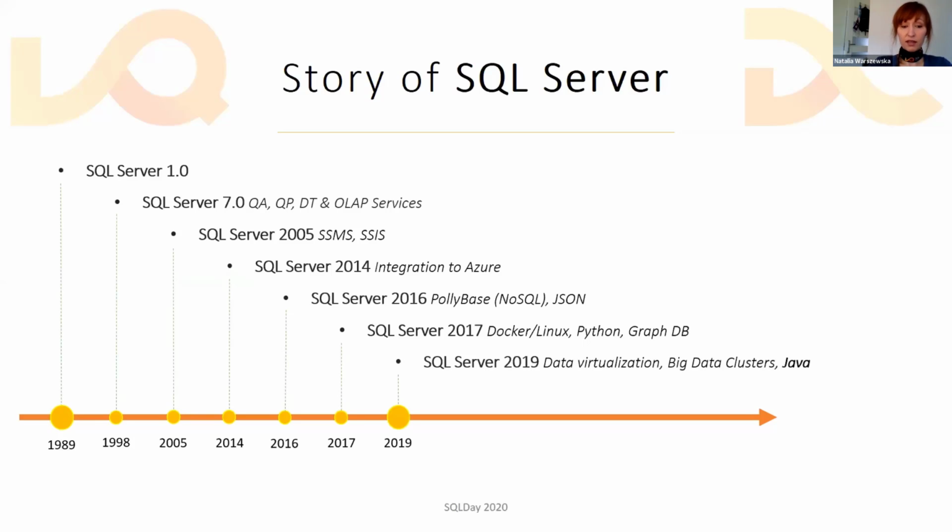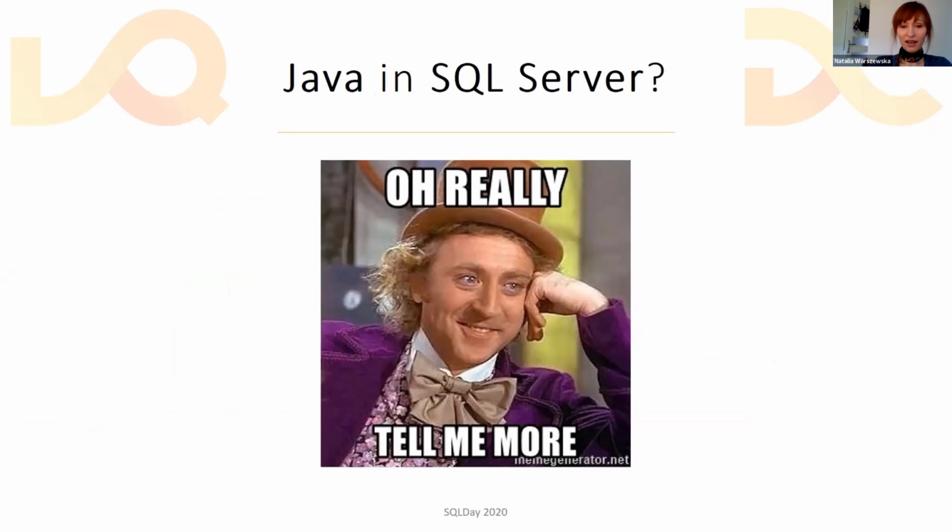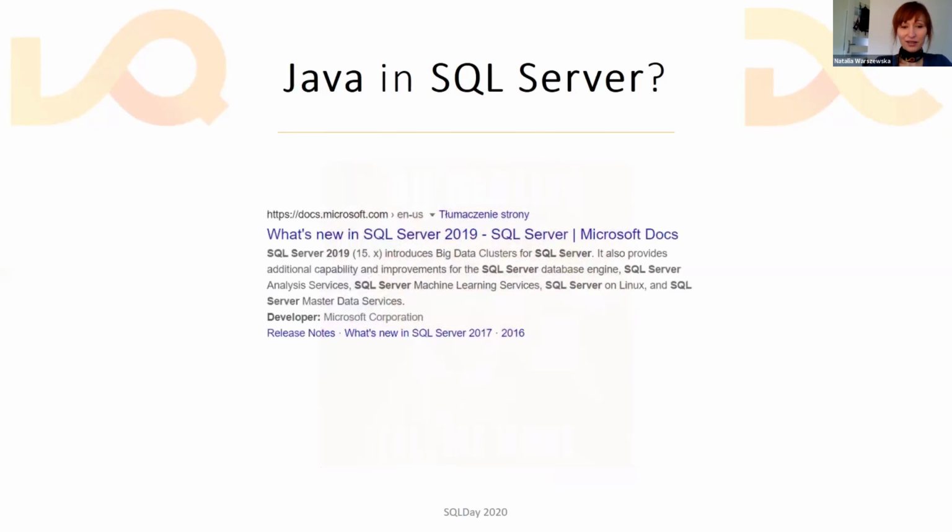2019 presents data virtualization, big data clusters, and the most interesting for me, Java language extension. To be honest, I don't remember what my first thought was. No way, or just finally, after 22 years, we returned the favor. So I started digging deeper.